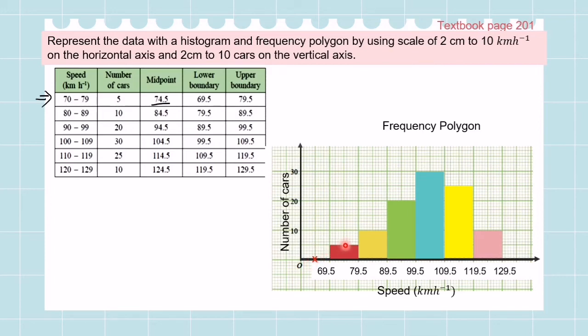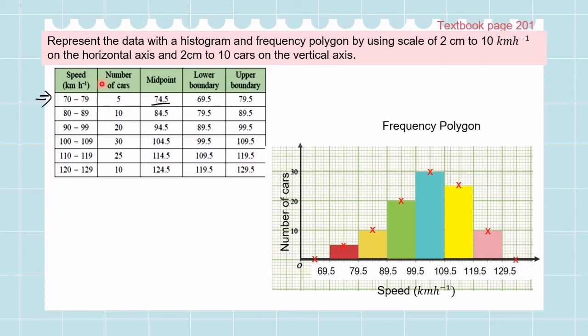After that, this one, lower boundary 69.5 to 79.5, the midpoint is 74.5. So at the middle here, you plot here. Okay, so you plot all the midpoints, and don't forget to plot the midpoint at the horizontal axis again, this part, because for a frequency polygon, you start with frequency 0 and end with frequency 0 also.